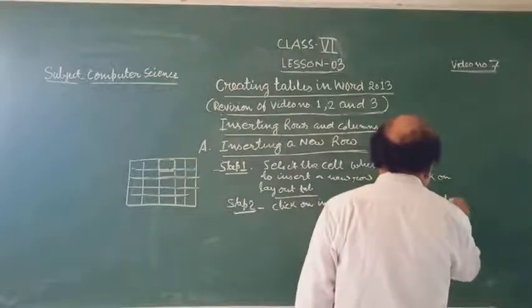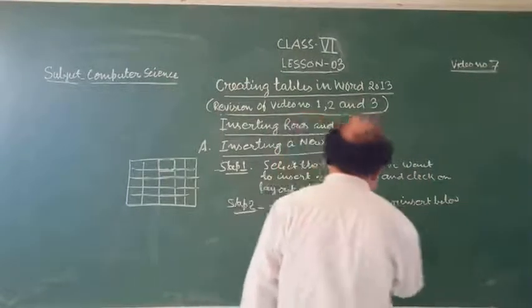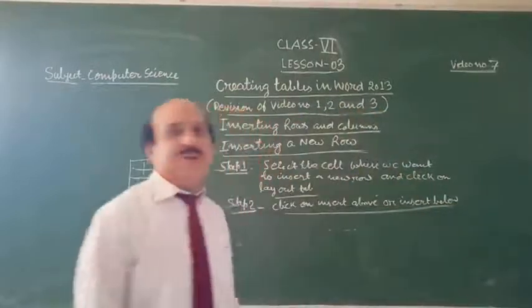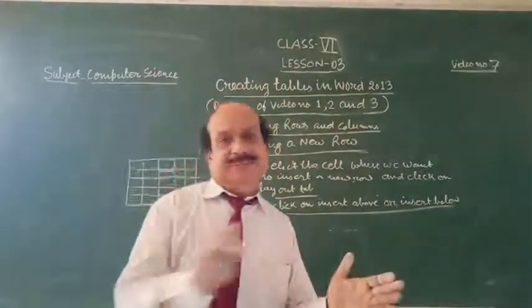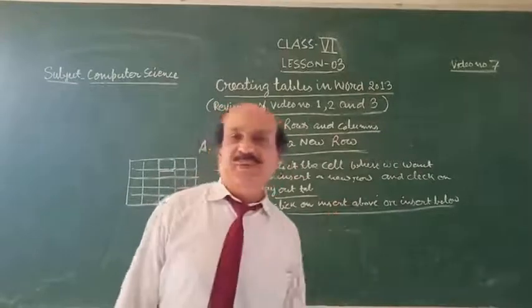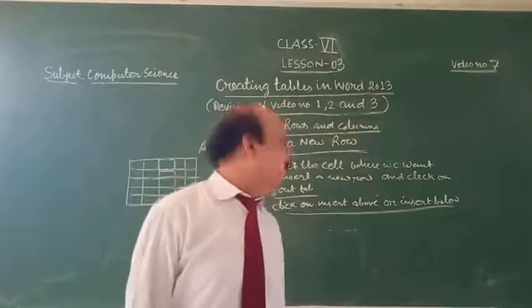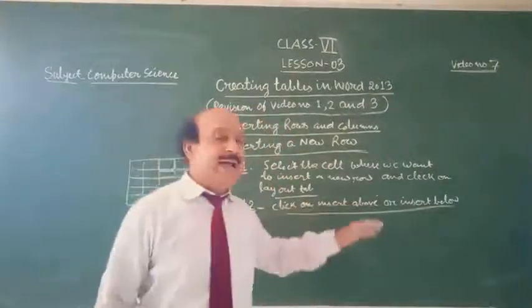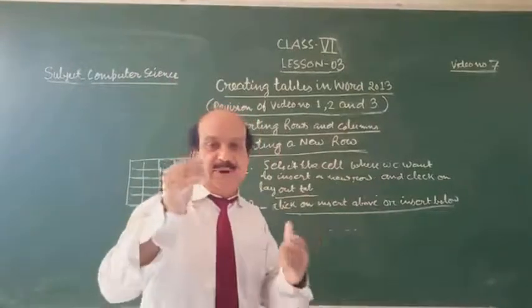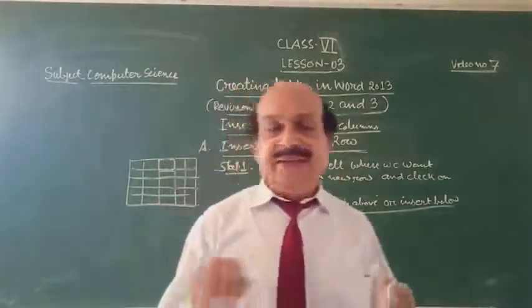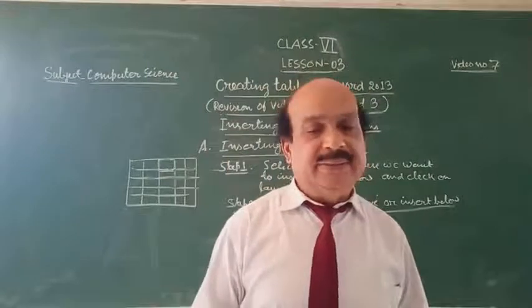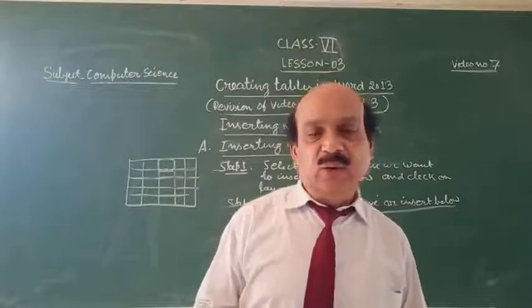Insert Below. See the difference you have found. In the column, you moved the cursor left to right, right to left. But whenever we are going to insert a new row, at that time click on Insert Above or Insert Below, as required and needed in the rows and columns.